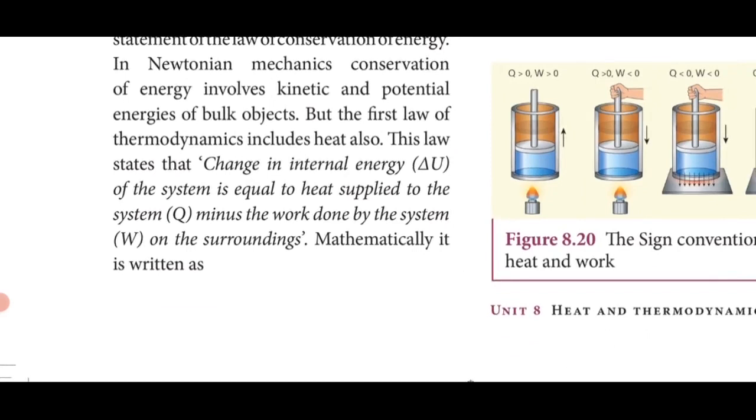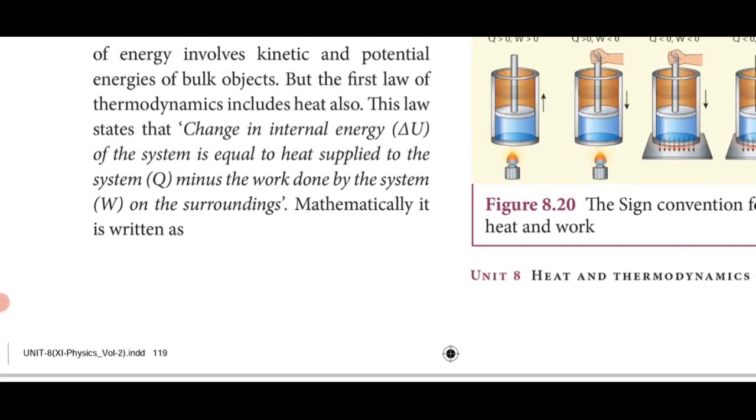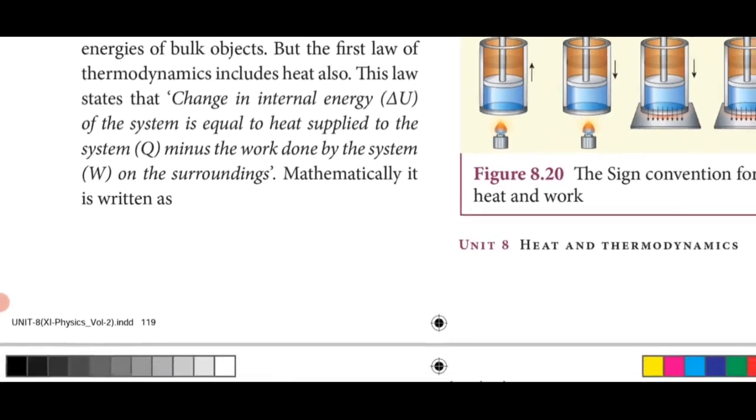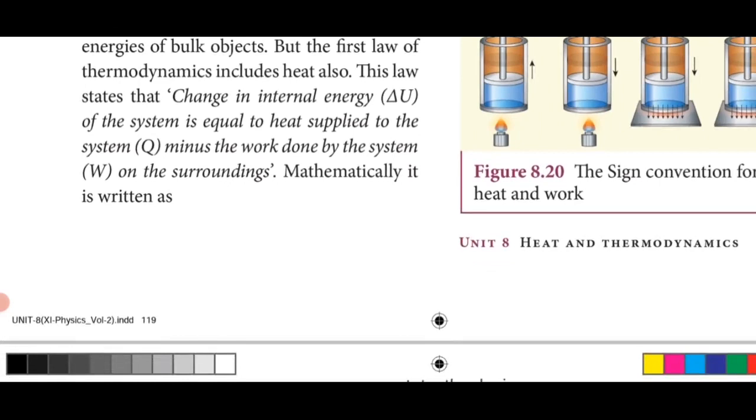It states that the change in internal energy, del U, of a system is equal to the heat supplied to the system minus the work done by the system on the surroundings.